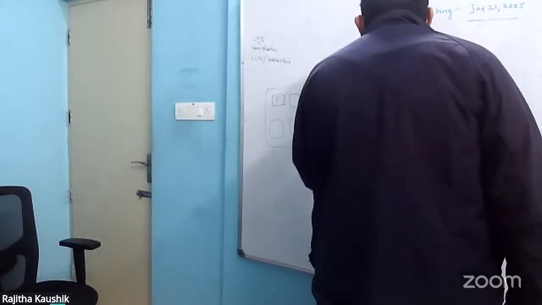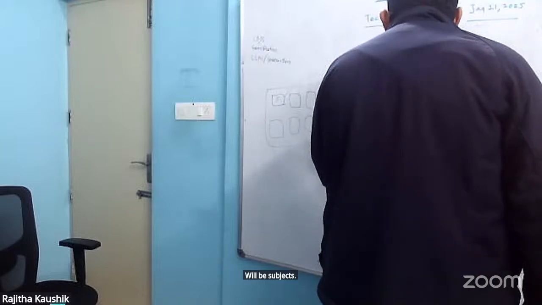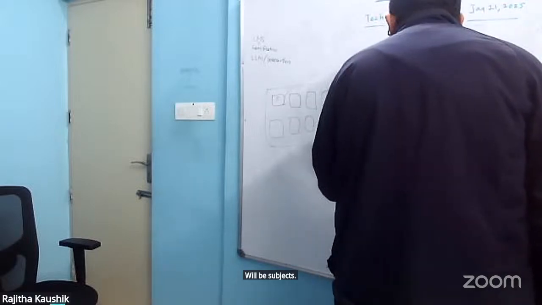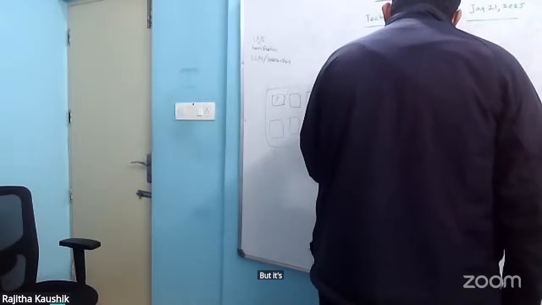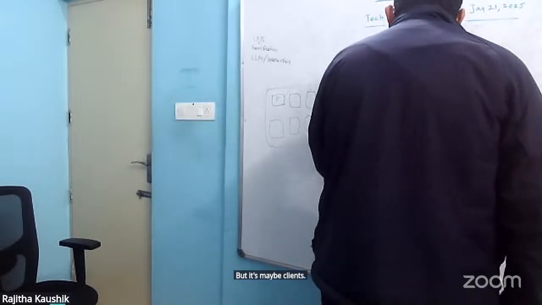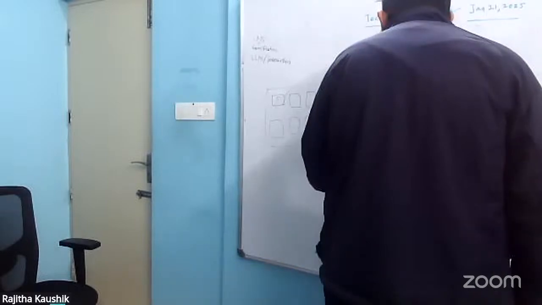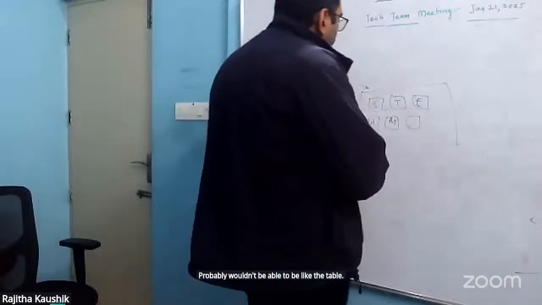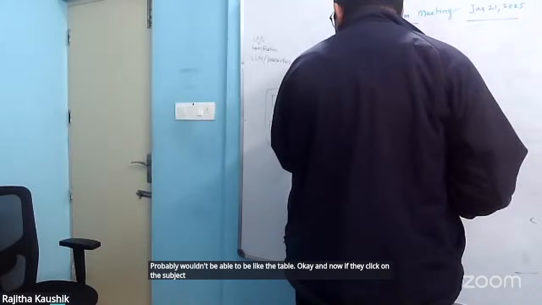to the subjects. So this may be science, technology. However, we have divided it. Okay, and now if they click on a subject, now this student has logged in here.